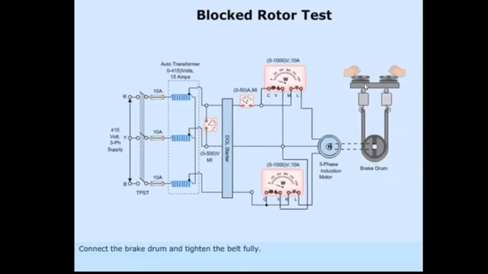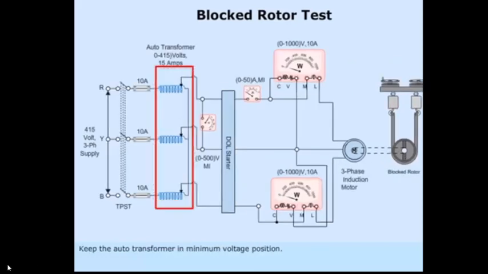By changing the S1 and S2 values, we can see that the belt is tightening. We have to fix or tie S1 and S2, spring balance 1 and spring balance 2, so that the motor's rotor, the brake drum, is completely locked.